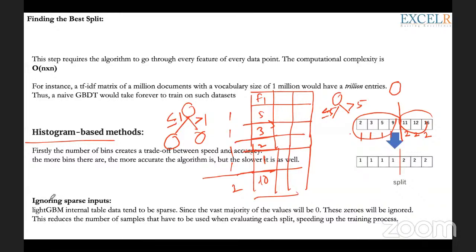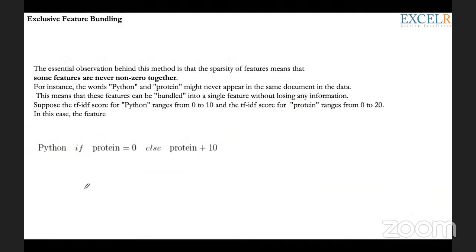Also, it ignores the sparse inputs, as we discussed in XGBM. So LGBM also ignores the sparse values. If in any feature most of the values are 0, this algorithm would ignore it, because from that feature the algorithm doesn't learn anything new.